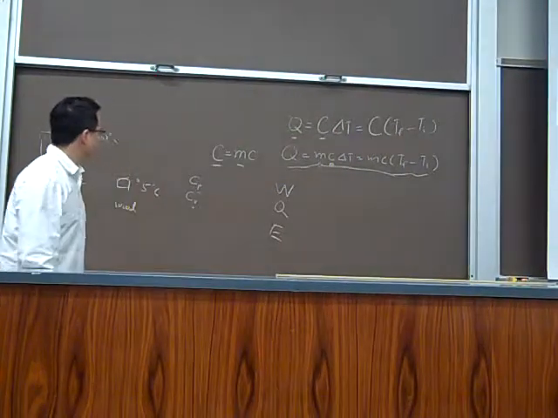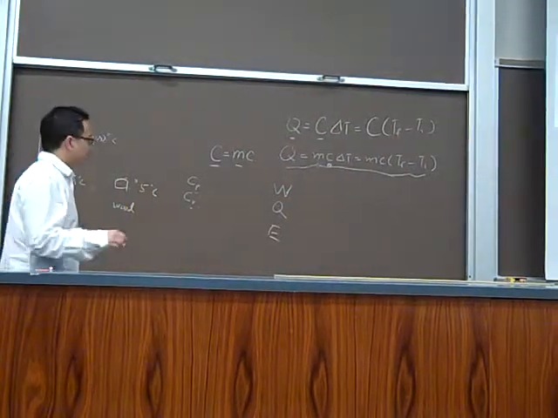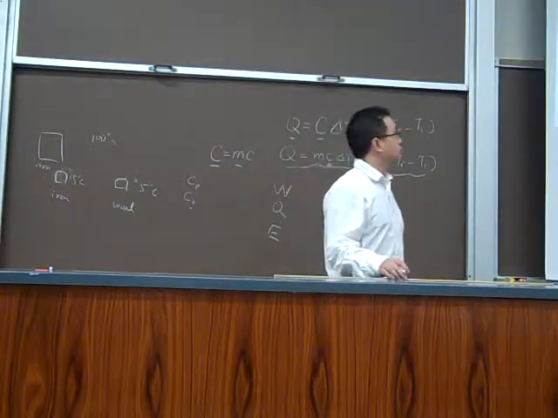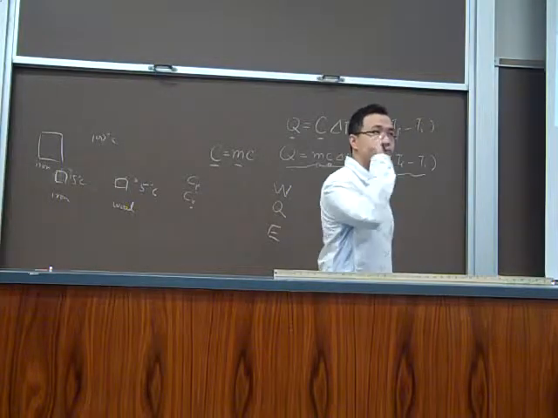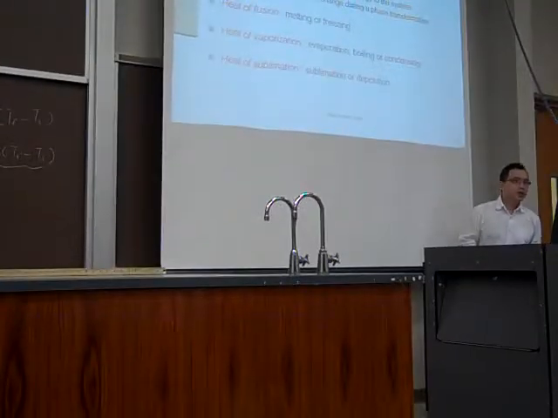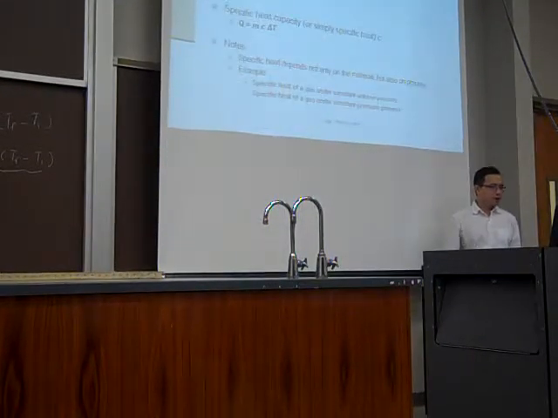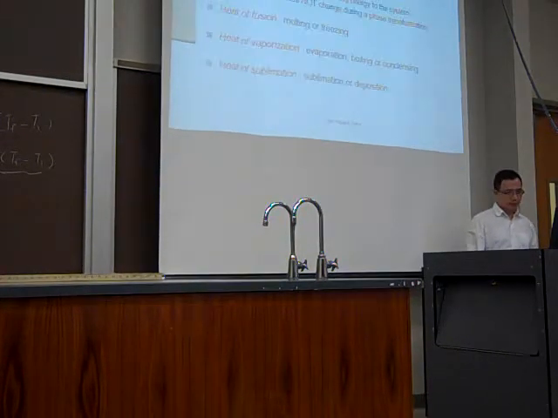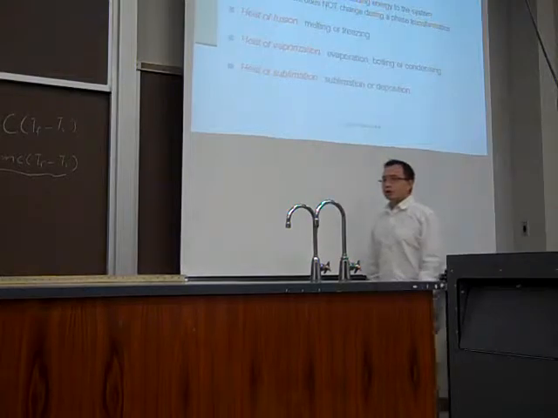That's something you just need to know here. We are not going to do the detail about these different specific heats. That's how you can calculate the heat absorbed by the material.